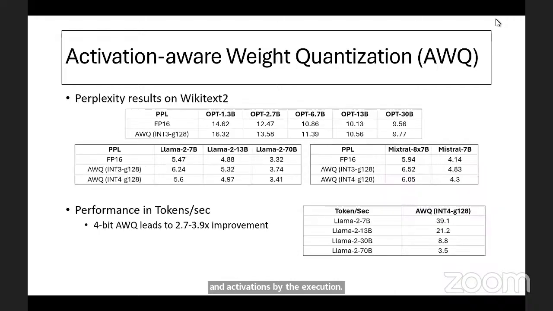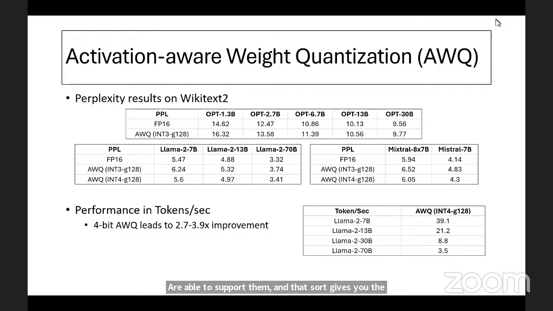So again, here is an example of the perplexity metrics with both 3-bit and 4-bit compute, using grouped quantization. And again, 8-bit and 4-bit are quite popular quantization techniques because most of the accelerators these days are able to support them, and that's what gives you the most compute efficiency.